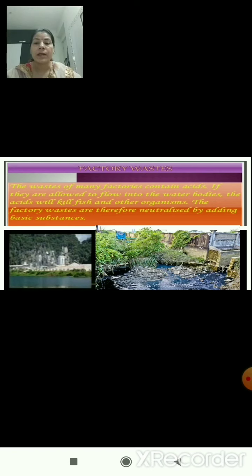If they are allowed to flow into water bodies, the acids will kill fish and the small plants which are growing in that water body.